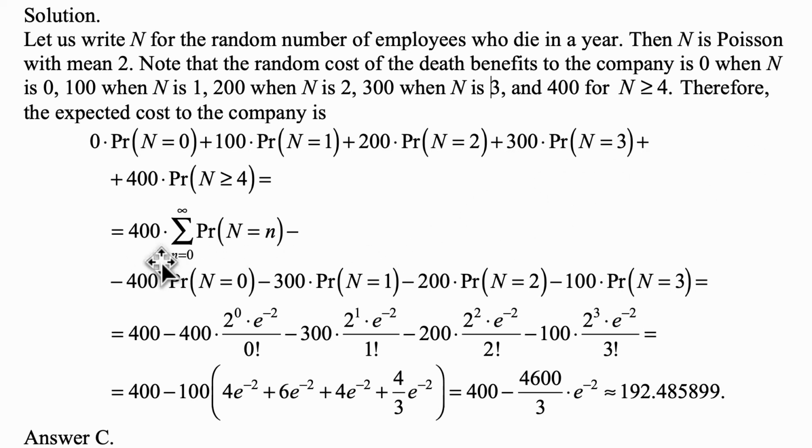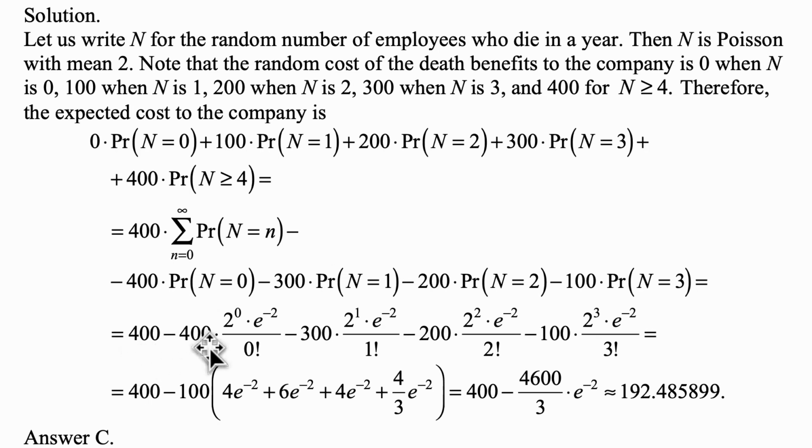So 400 times the sum from n equal to 0 to plus infinity of the probability that n is n, minus what I need to subtract, which is 400 times the probability that n is 0, 300 times the probability that n is 1, 200 times the probability that n is 2, 100 times the probability that n is 3. The sum of all these probabilities is 1 because it's a probability distribution.